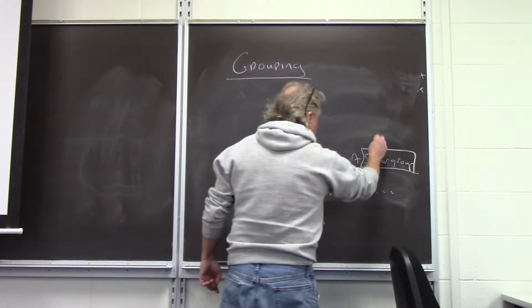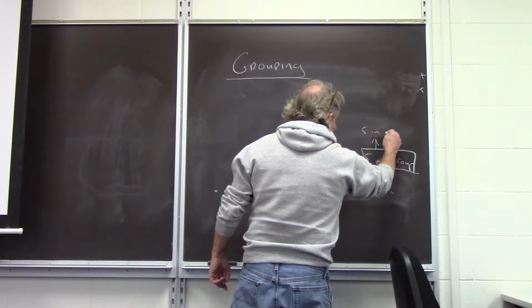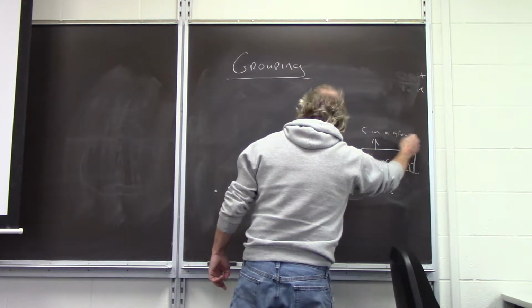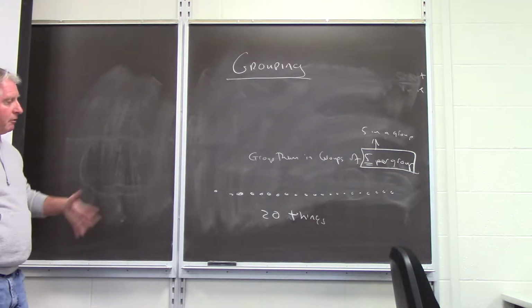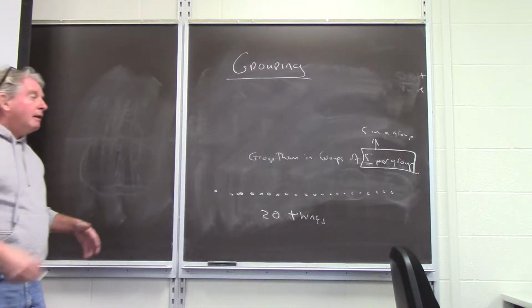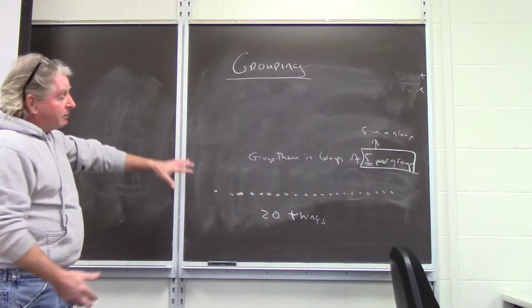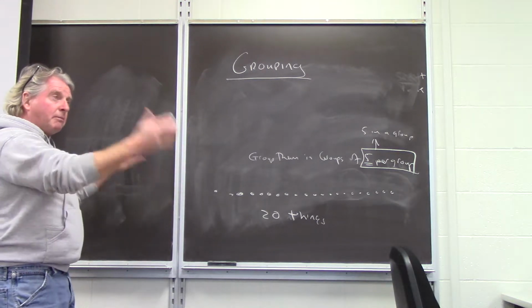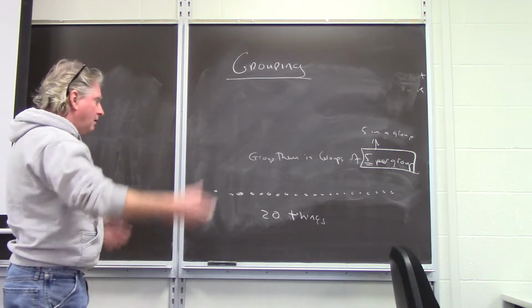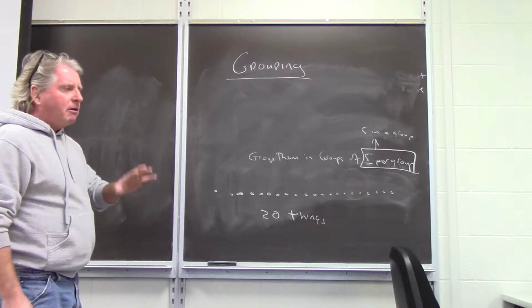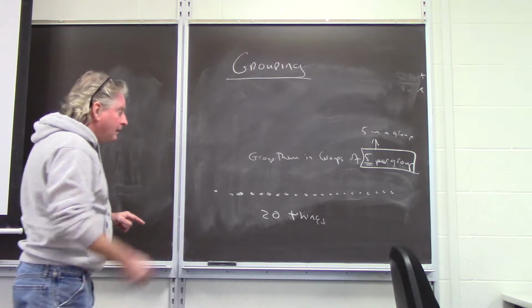So this also means 5 in a group. Now, how do we do that? If we just come up with the answer, we'll say there's 4 groups of 5 people. Yay.